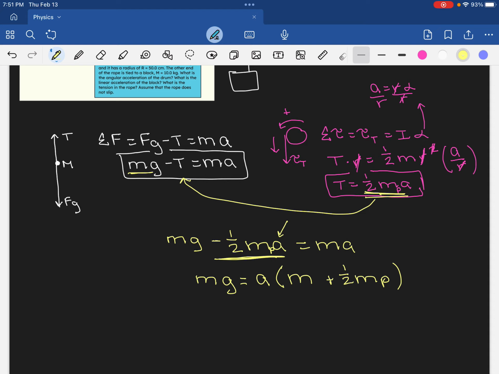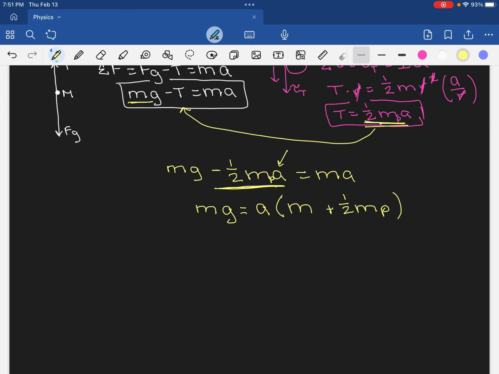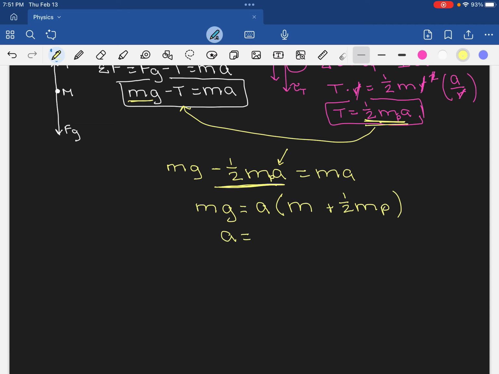So go ahead and divide, and we'll get the expression A equals mg divided by m plus 1/2 mp. So this is going to be my expression to solve for the linear acceleration of the system.